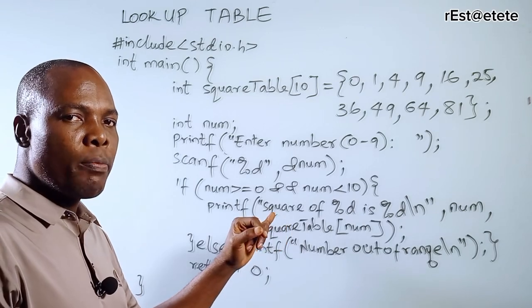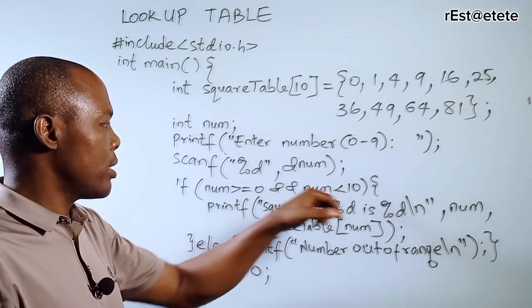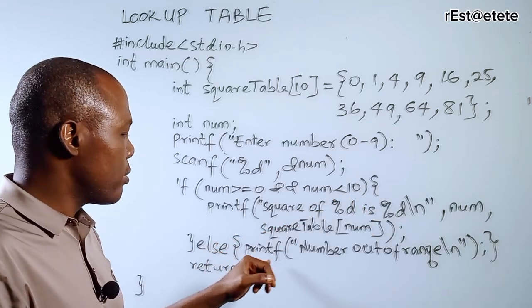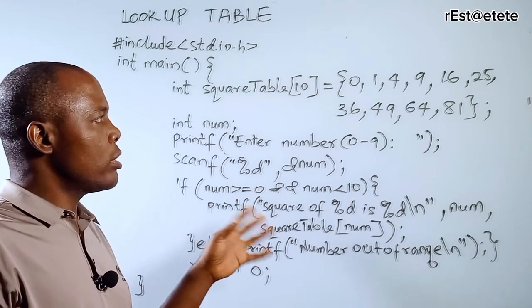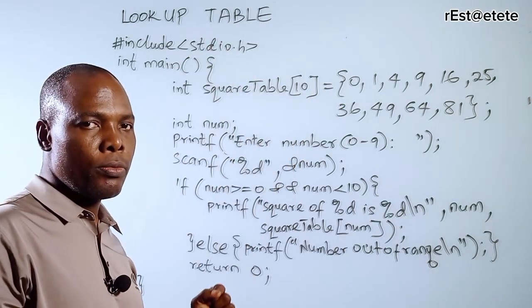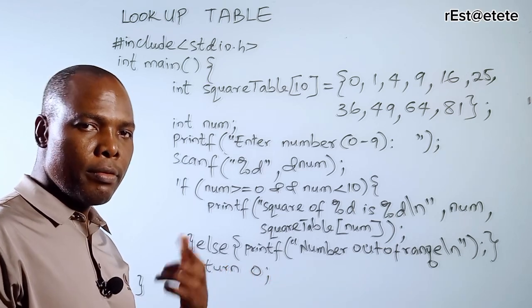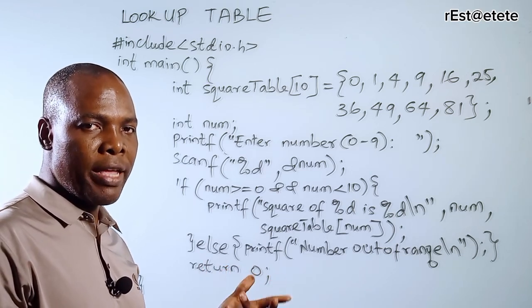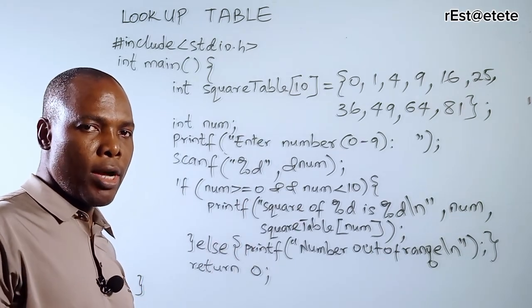Else, if I supply 10, 10 is out of this range, right? It will print out number out of range, and then it will return. So this is the concept of a lookup table. It saves time instead of doing the calculation over and over again. So you can just look it up and then give out your answer.